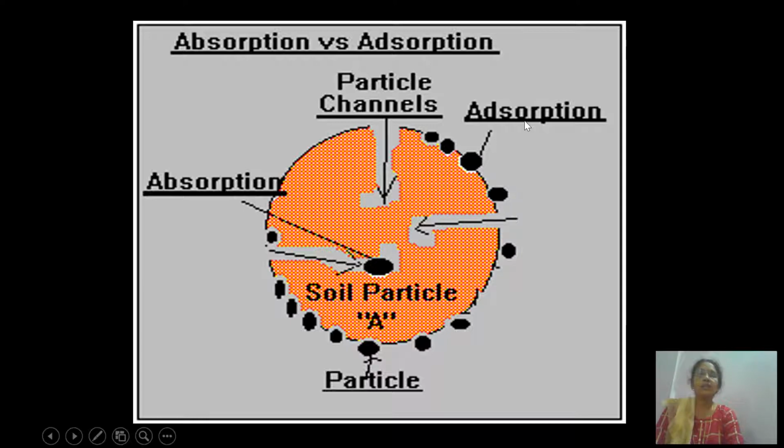In adsorption, the molecular species are concentrated only at the surface. They accumulate only at the surface. But in absorption, they are present in the interior. It means adsorption is a surface phenomenon and absorption is a bulk phenomenon.